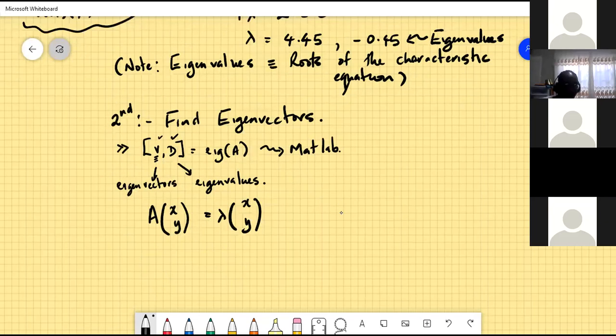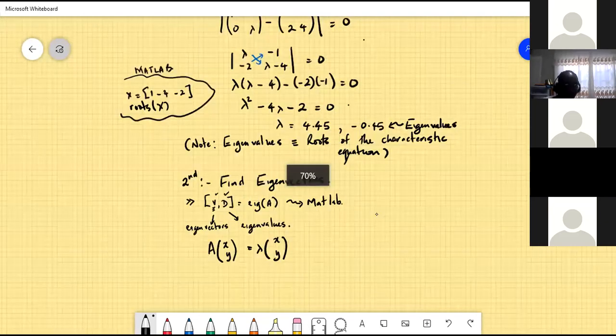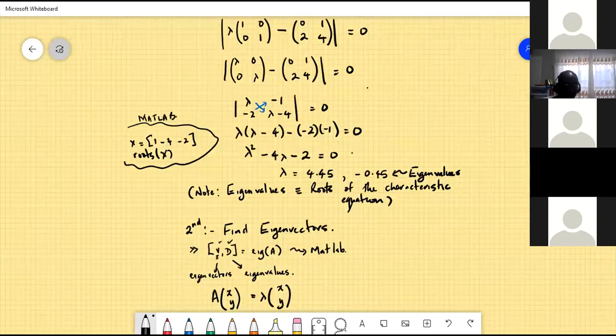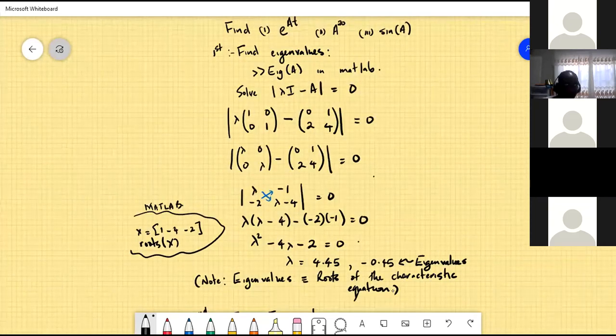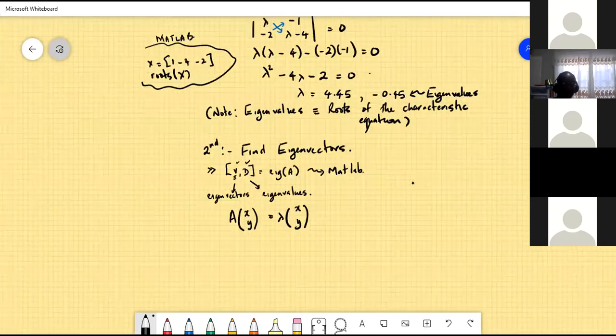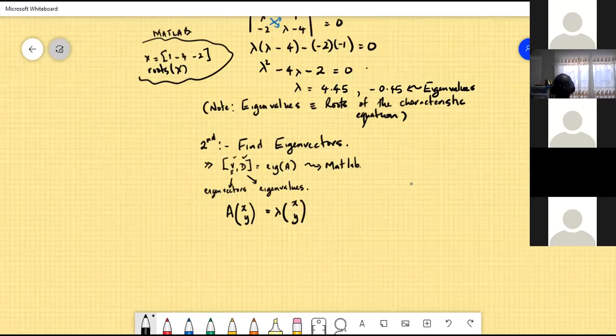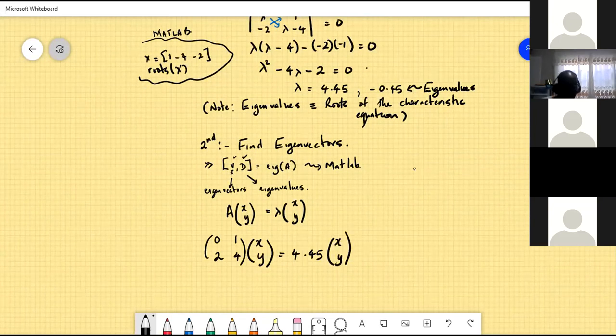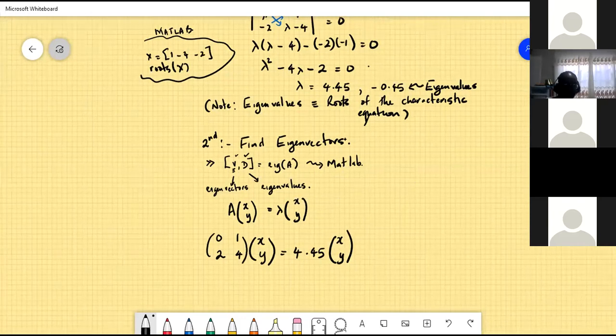So we're ready to take our matrix A, 0, 1, 2, 4, times [x y], is equal to 4.45 times [x y]. We're going to multiply that out.